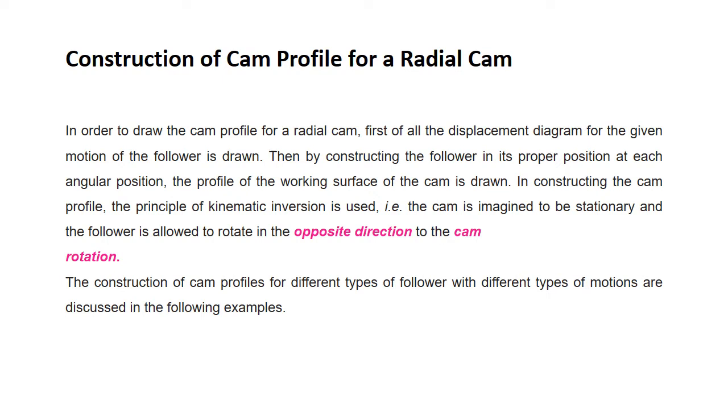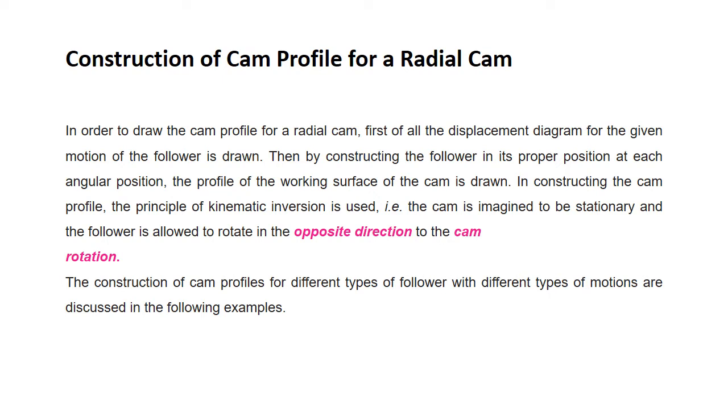In constructing the cam profile, the principle of kinematic inversion is used. The cam is imagined to be stationary and the follower is allowed to rotate in the opposite direction to the cam. We have fixed the cam and rotated the follower opposite to the cam.